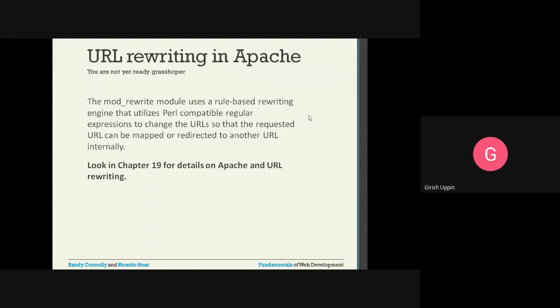So in case of Apache, the module mod_rewrite is used for either changing the URL or redirecting to another URL internally, and it utilizes Perl compatible regular expressions to change the URLs.